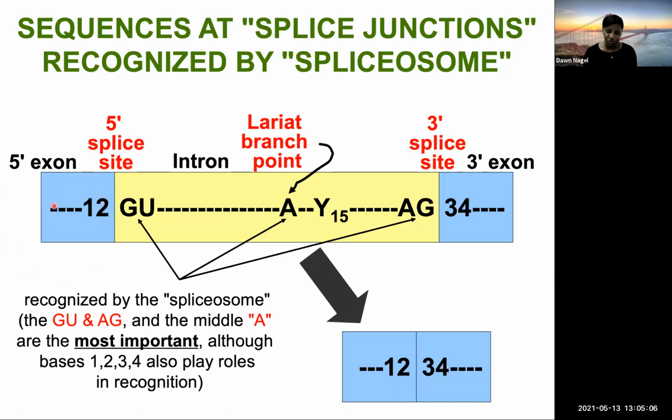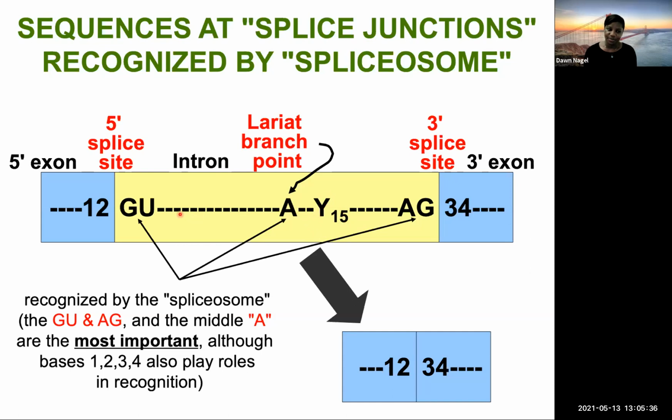In the transcript, you have these 5' splice sites, and you also have the 3' splice site. Within an intron, which is important for this splicing to occur, you also have an adenine present within that intron, and that's usually followed by a string of pyrimidines, okay?